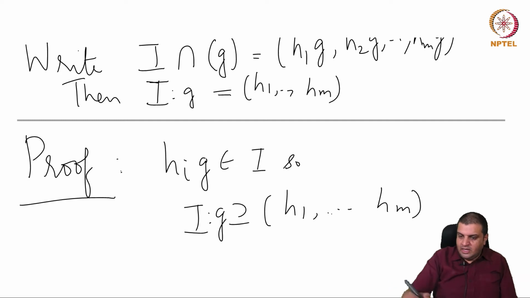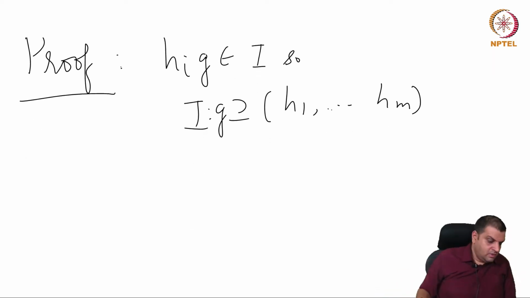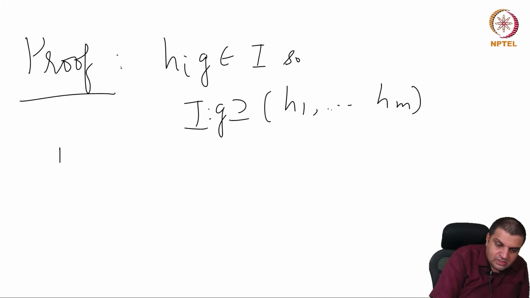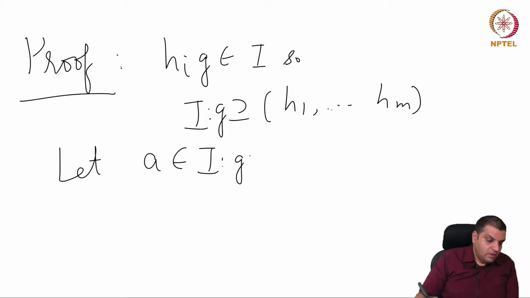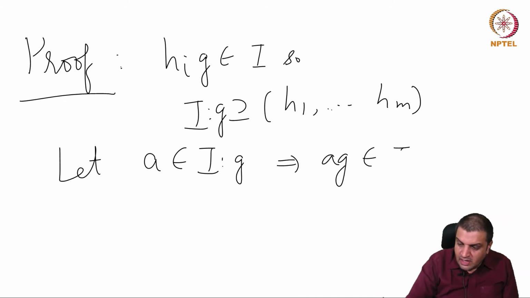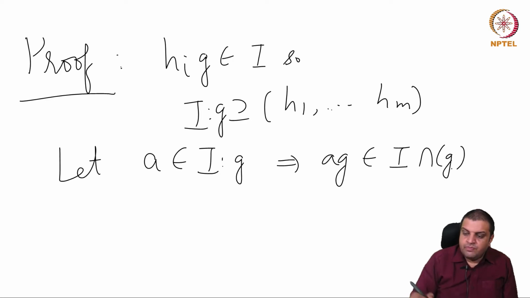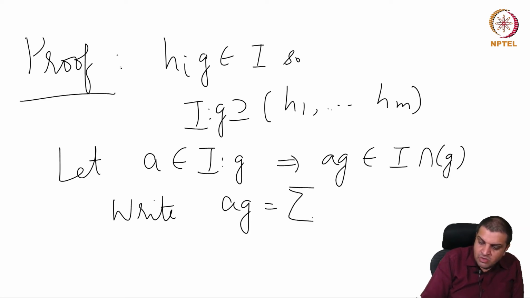And for this inclusion, we didn't use the fact that it's a domain. Now let's do the converse. Let A be an element of I colon G. This implies that AG is inside I and inside the ideal generated by G. Therefore, we can write AG as the sum of Ri times Hi times G, where i goes from 1 through m.